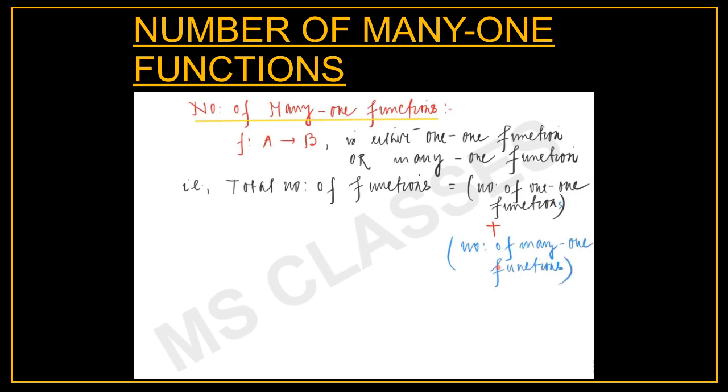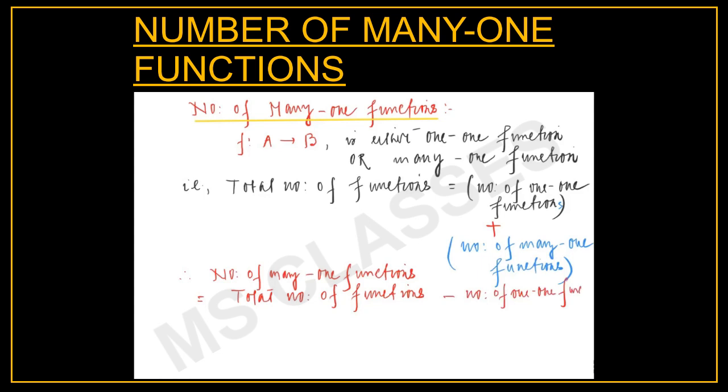So if we want to find the number of many-one functions, how do you find that? Total number of functions minus number of one-one functions.